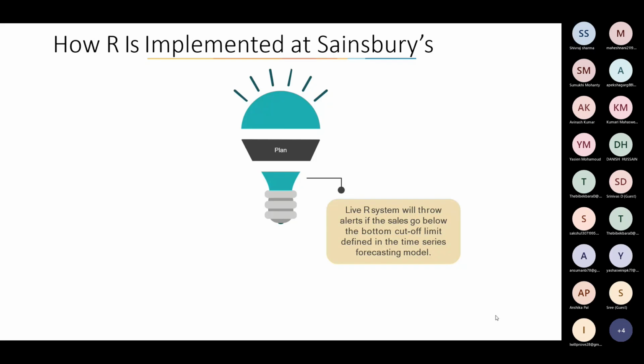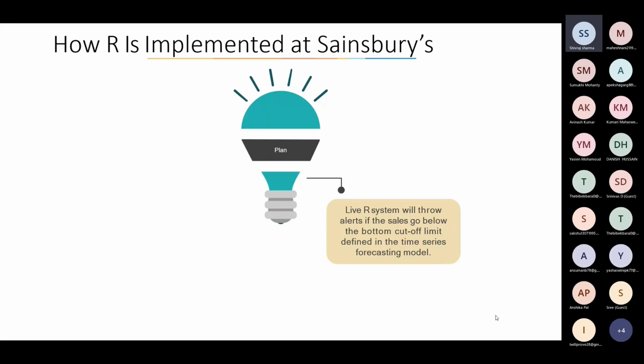So that live R system, which is getting the data in a live scenario, updating every 30 minutes, analyzes the data and gives an alert whenever the sale goes below the defined cutoff limit, through the forecasting models.